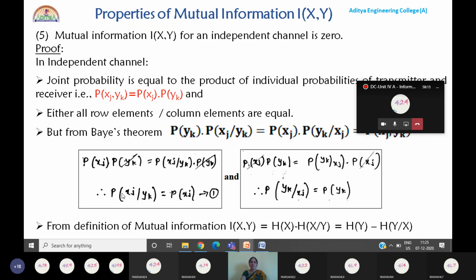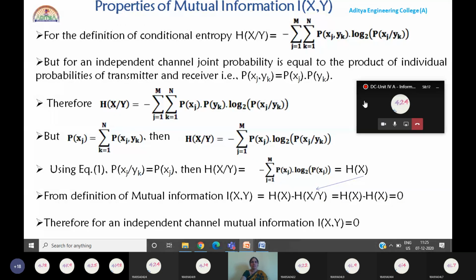Using Bayes theorem, we obtained P of xj by yk as P of xj. We took the equation of H of X by Y and obtained it as H of X by replacing P of xj comma yk as P of xj, and from equation 1, summation k equal to 1 to n P of xj comma yk, you can write it as P of xj. So you will get minus summation j equal to 1 to m P of xj log P of xj base 2.